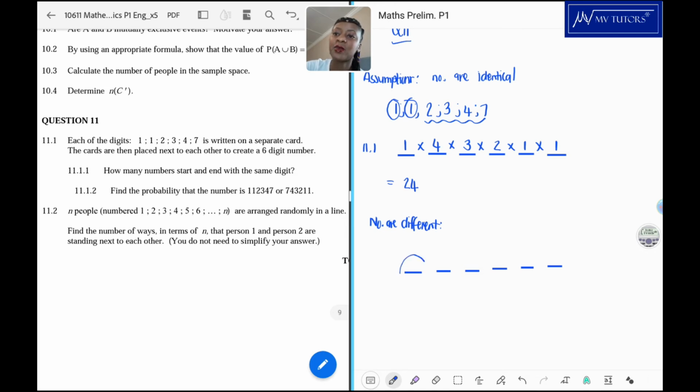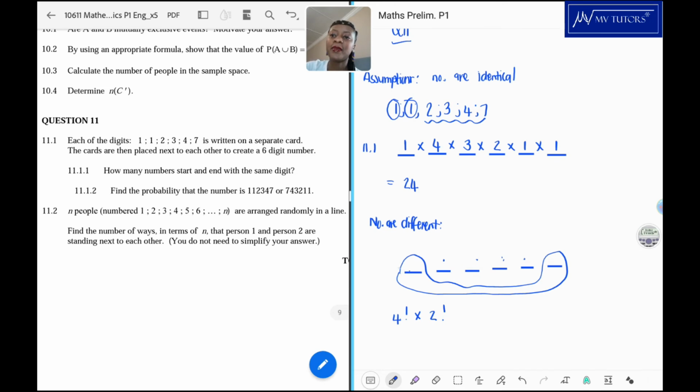On the first one and the last one, you know that they have to be the same. Then you have these 4 spots available to you. So you would say here you have 4 factorial, multiplied by these 2 here, 2 factorial.